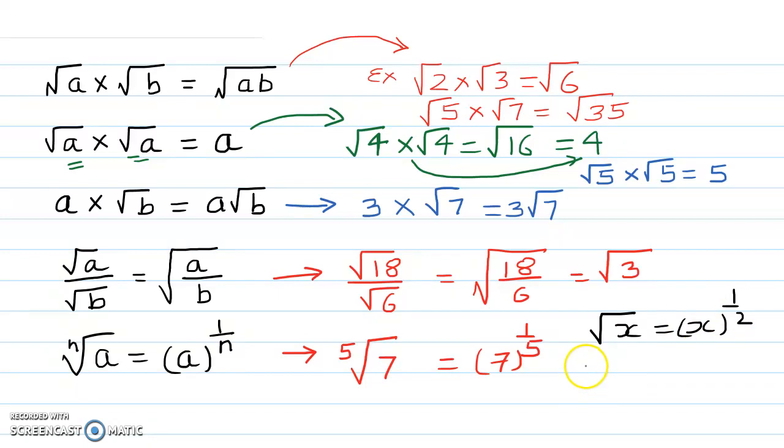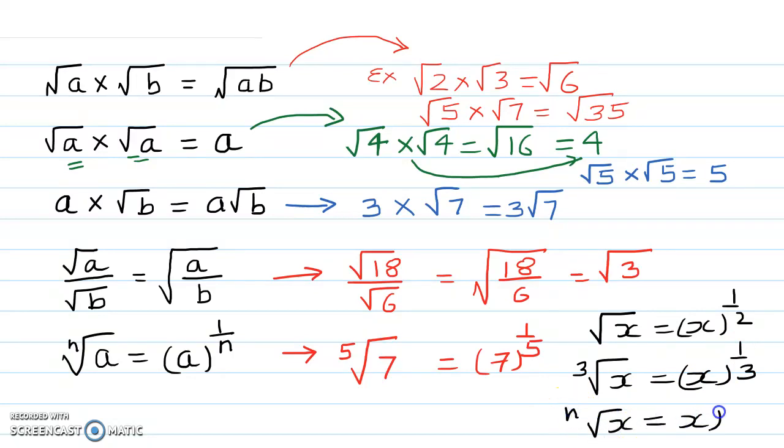Remember, if it is a cube root of x, then you can write down x to the power 1 over 3. And if it is the nth root of x, then you can write down x to the power 1 over n. Nice and easy.